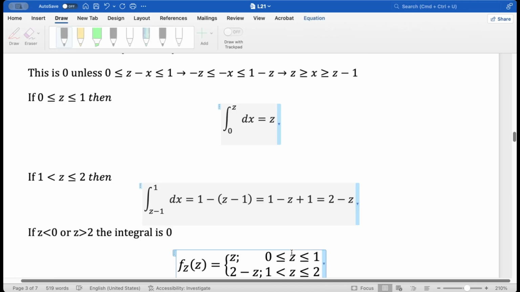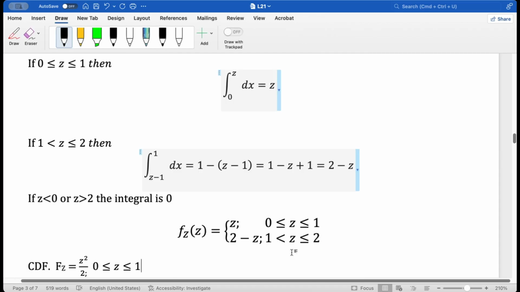And z cannot be negative or greater than 2. It's x plus y. Each is between 0 and 1. So this is the only situation we have to look at here. And we have that this expression, this density of the sum, is equal to z when z is between 0 and 1, and it's equal to 2 minus z when z is between 1 and 2.